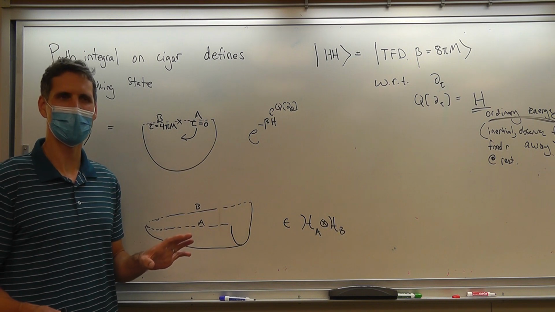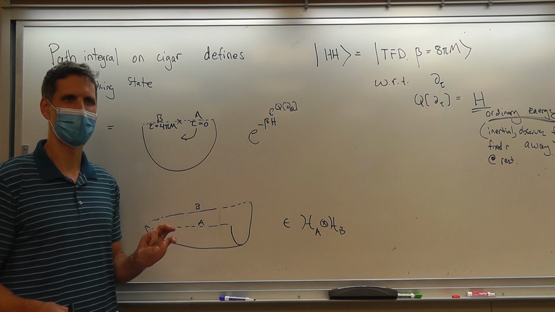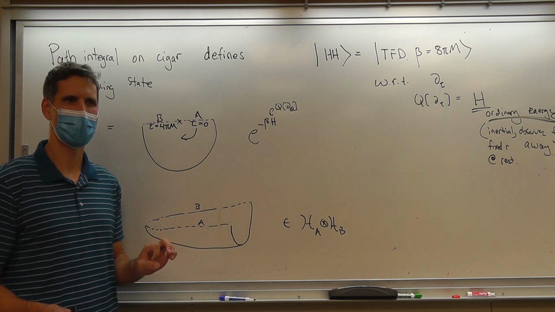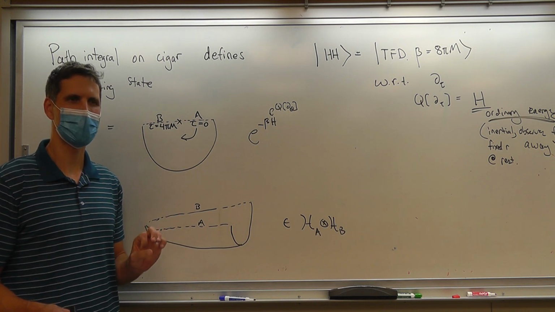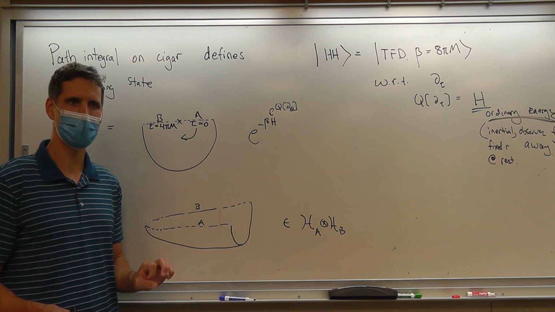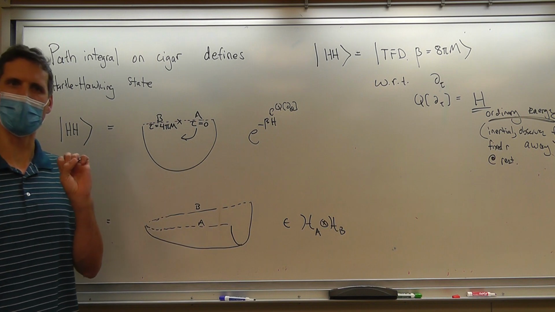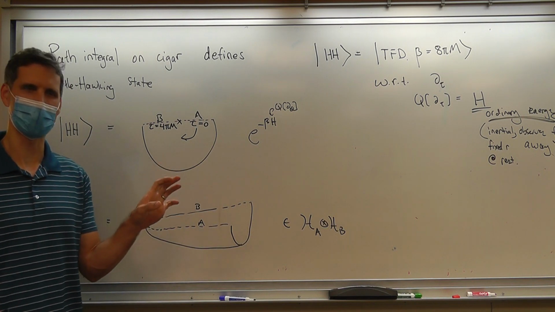Let's see. I mean, the lowest energy state as measured by Kruskal. But the Kruskal coordinate system is not static. I think what I'm calling the Hartle-Hawking state, some people call the Kruskal vacuum.